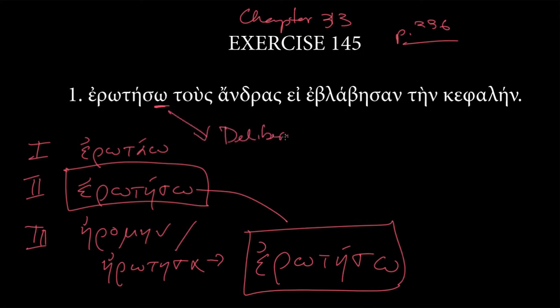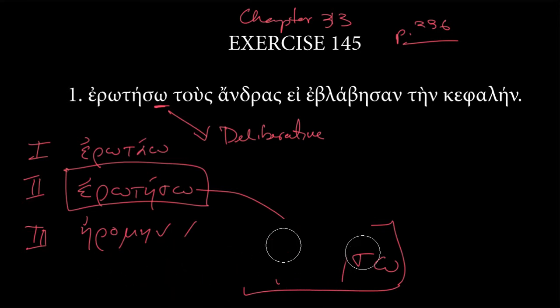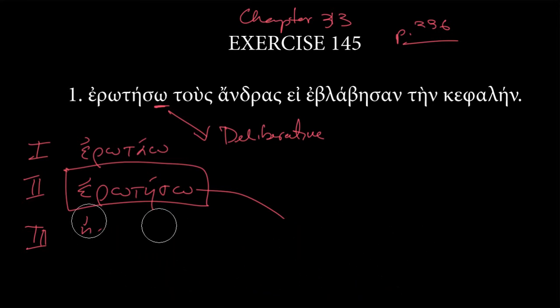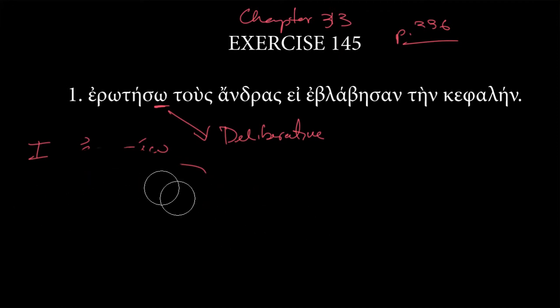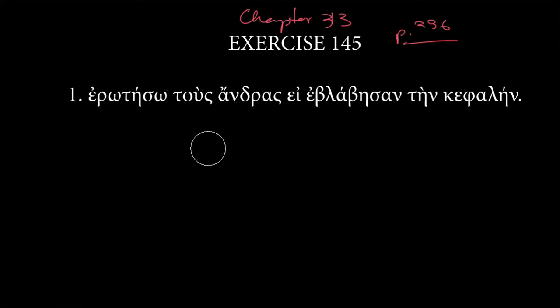And if it were deliberative, because it's first person, should I ask, we'd be expecting a question mark at the end. We don't have that. So we can safely assume, at least for the purposes of this, that we're not dealing with the subjunctive aorist, but simply the future indicative. I think that's a safe bet. But it's nice to point out that there could be some ambiguity.